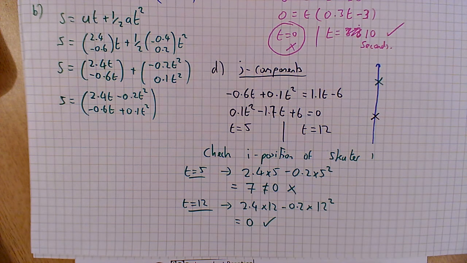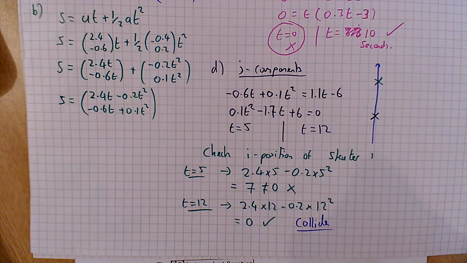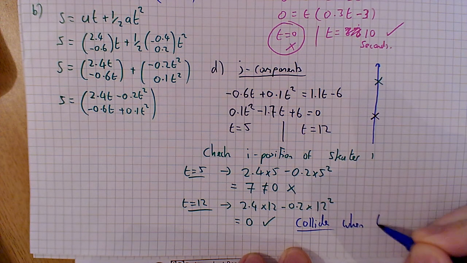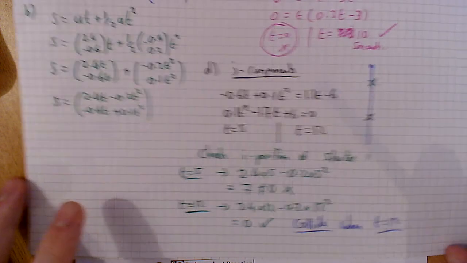They both have the i component of 0 and the same j component, which means they are going to be in the same position at the same time. The book has very generously decided that would be their meeting. I think if you meet someone in ice skates and you're at the same point at the same time and you're moving with any velocity, we call that a collision. So they collide. Hope they're all right. When t is equal to 12. So after 12 seconds, it's all going along nicely, and then they crash into each other.